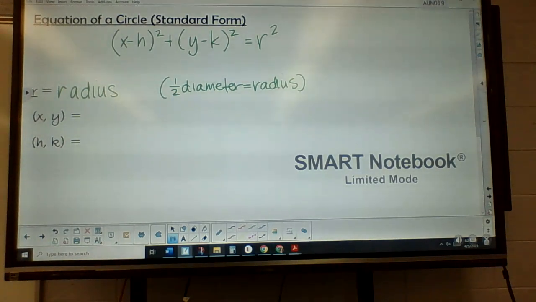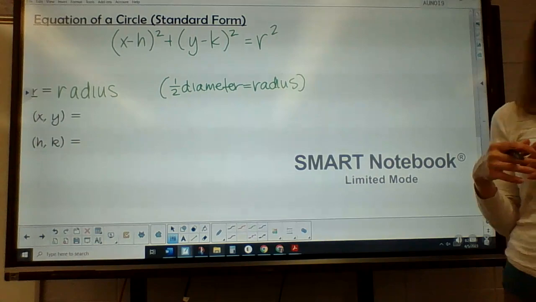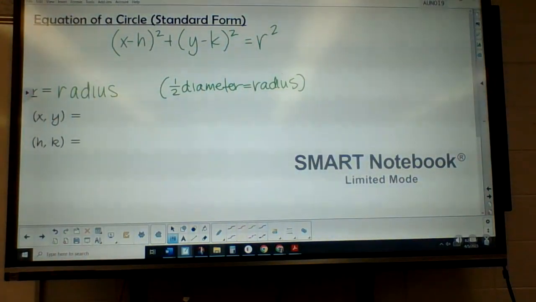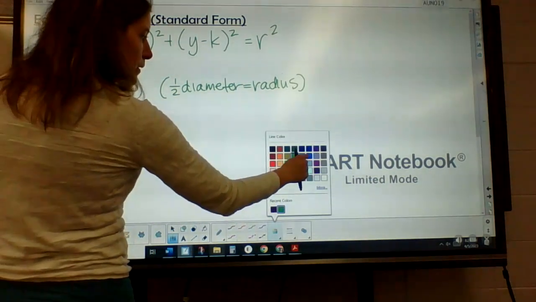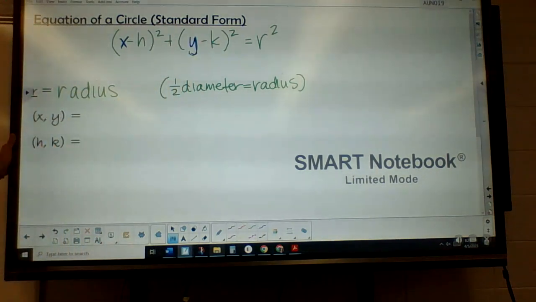Now in our equation, the x and y, we may put variables or numbers in there, but in our final equation, kind of like in y equals mx plus b, we're going to leave the x and y as variables. So this x and y are going to stay as variables in our standard form.